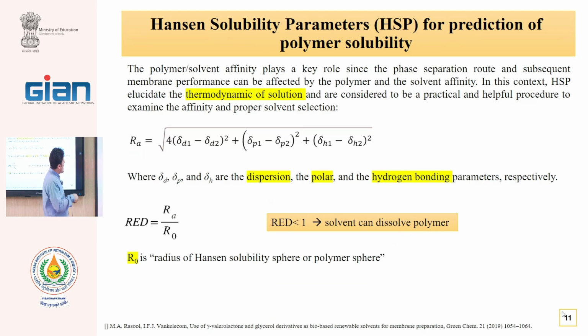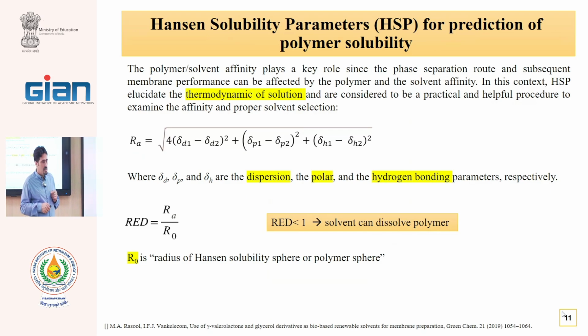For a polymer, for example, it is 10. We calculate RA for our solvent and PVDF. If we obtain 12, and this is 10, RED will be 12 per 10, which is 1.2, okay?